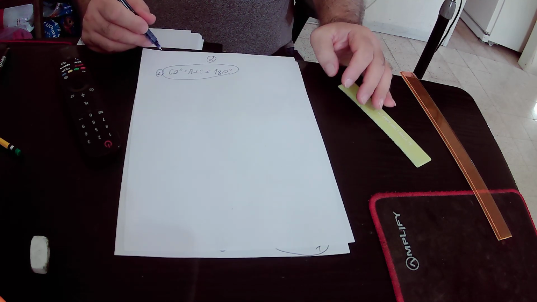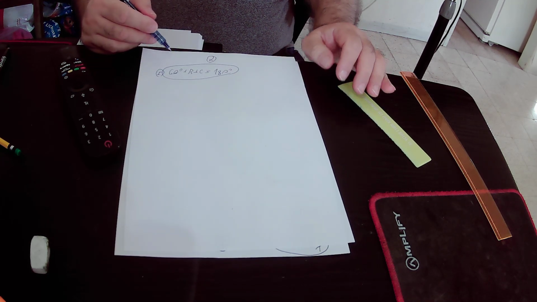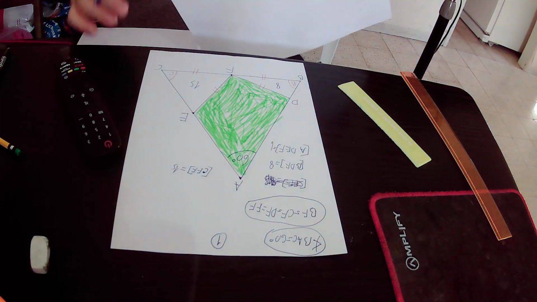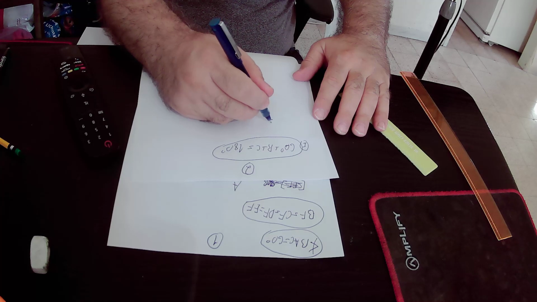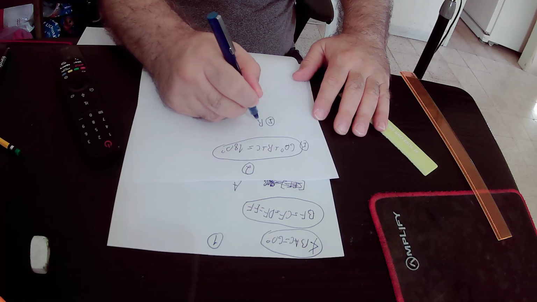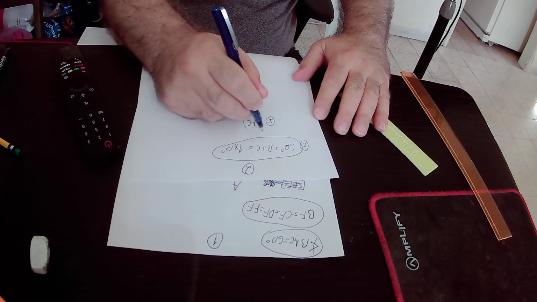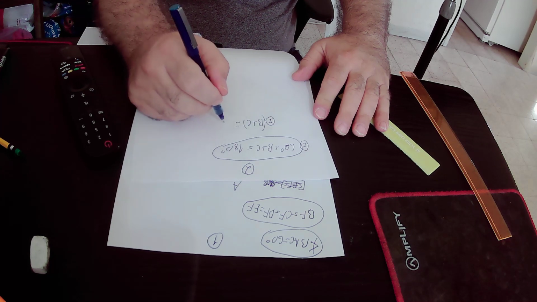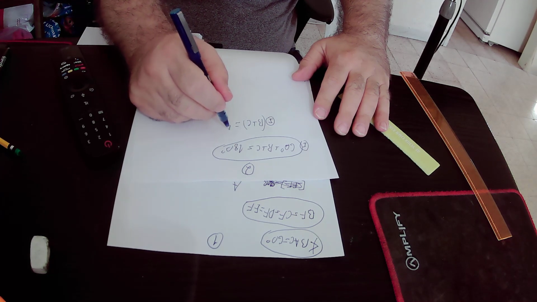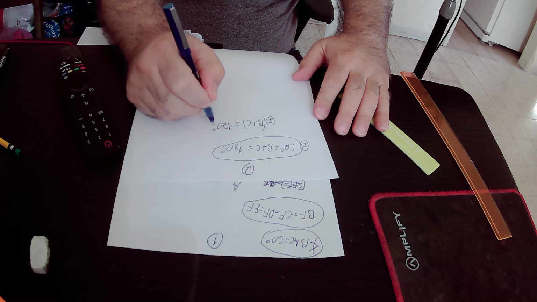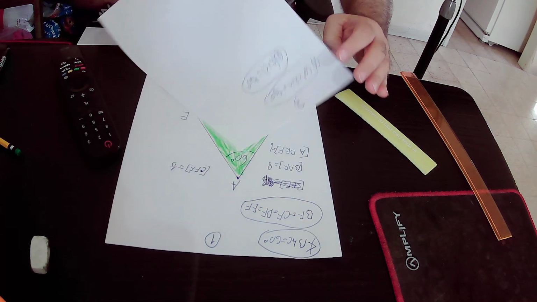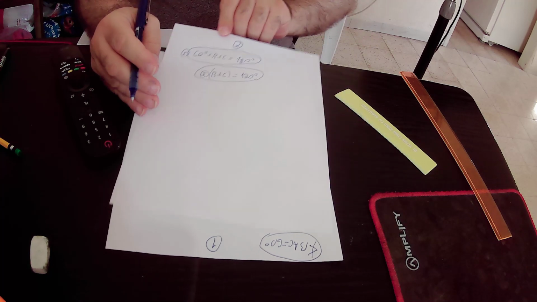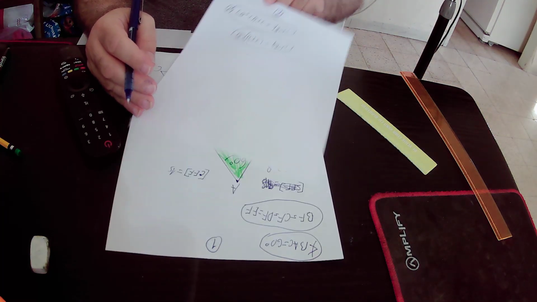Here we will subtract 60 degrees from equation number 1, and we will get that B plus C equals 180 degrees minus 60 degrees, which is 120 degrees. Okay? B plus C equals 120 degrees.